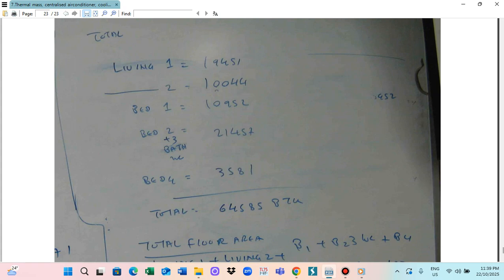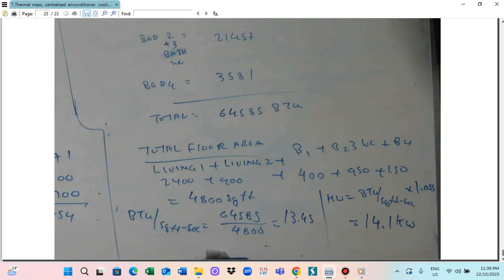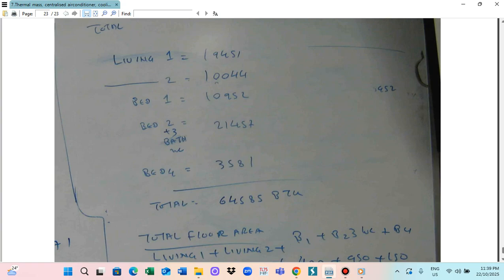Now we will calculate the total. Total heat gain, we have to calculate. So we add all the things. Firstly, we add bedroom 1, and we have to use living room 1.